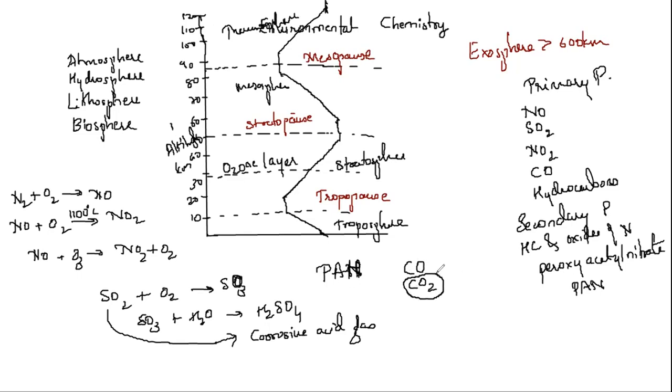It is a greenhouse gas. If its concentration increases, it causes a rise in the temperature of the globe, which is called global warming. We'll see again what global warming is. In excess, it causes headache and nausea. Greenhouse effect and global warming. Now see, greenhouse effect.